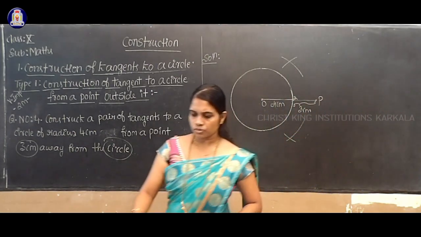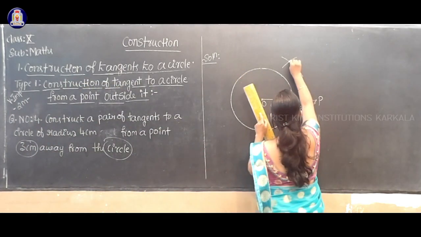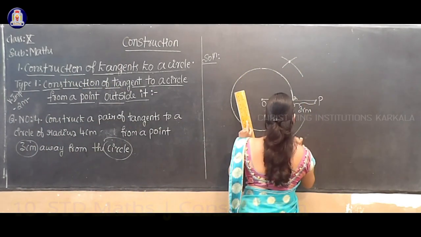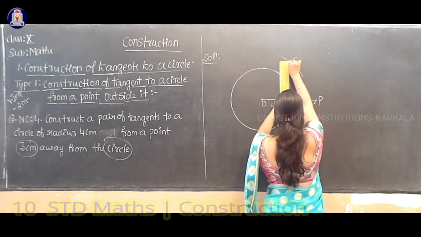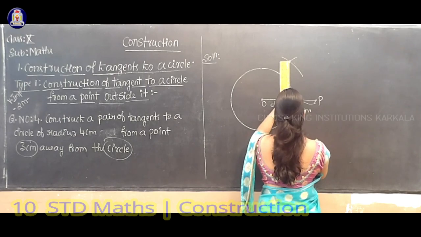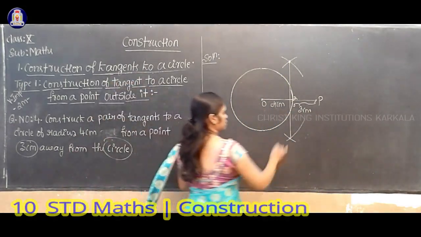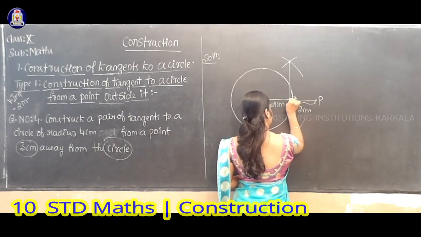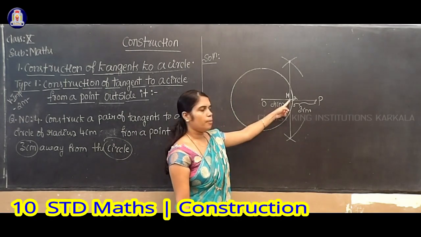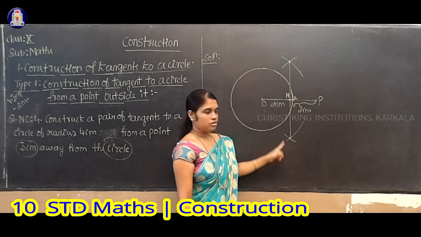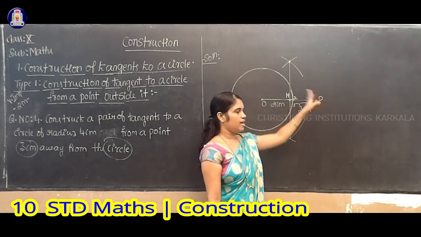Now join. So now this is your point. So mark this point as M. So M is the intersection of this perpendicular bisector and OP.